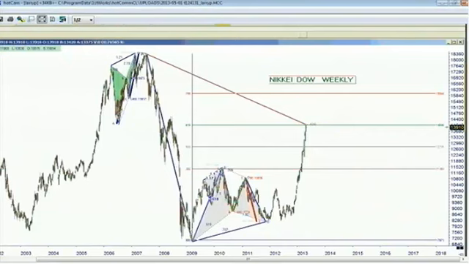Now we're trading about 300 or 400 points below that. I have to put this overlay chart in so you can see the difference between what's happening with the currency and what's happening with the actual Nikkei.